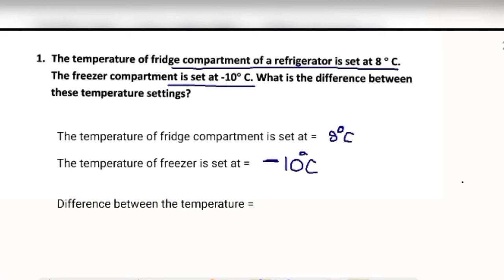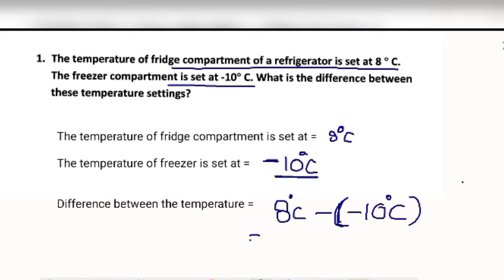Okay, now what is the difference between these temperature settings? They are asking for the difference. So find the difference: 8 degrees Celsius minus bracket, as I already told you, whenever any number is given with a sign, try to enclose it in a bracket, minus 10 degrees Celsius.